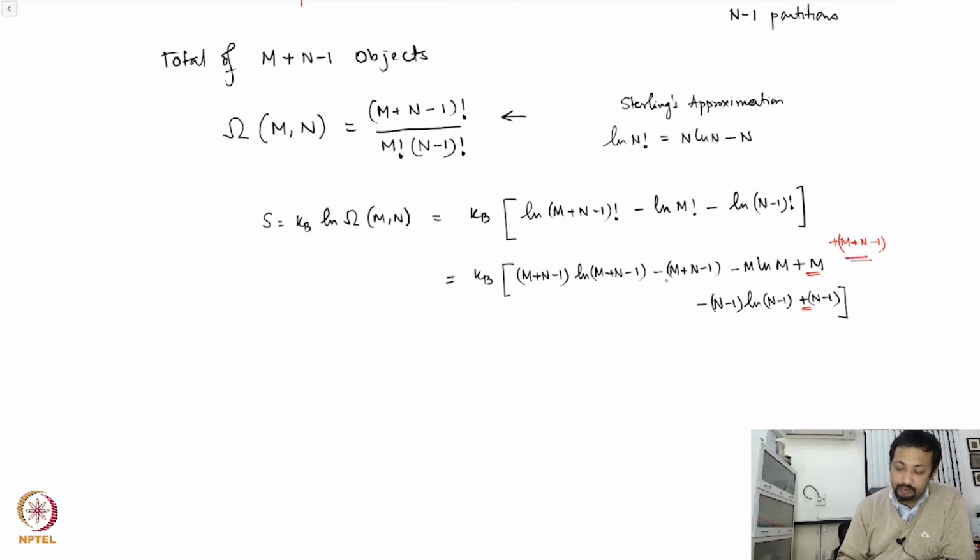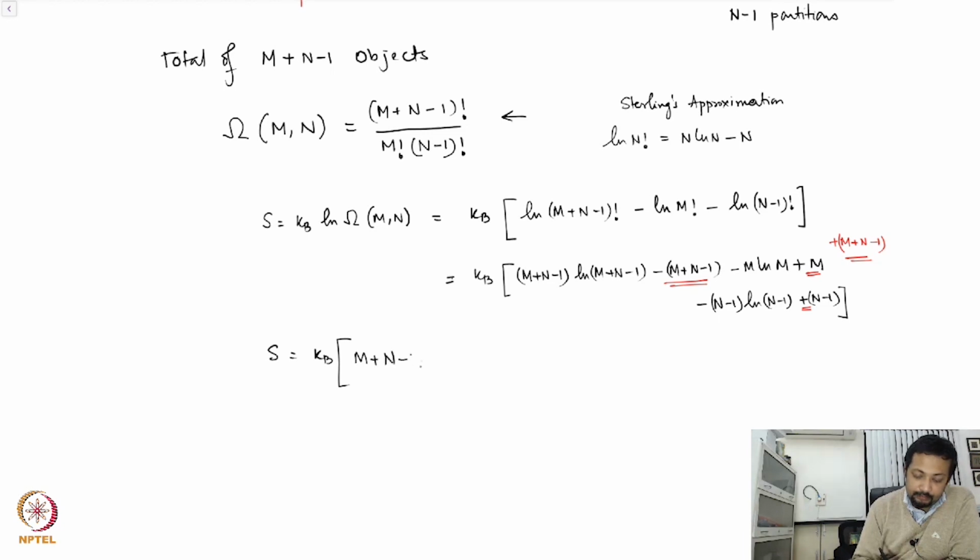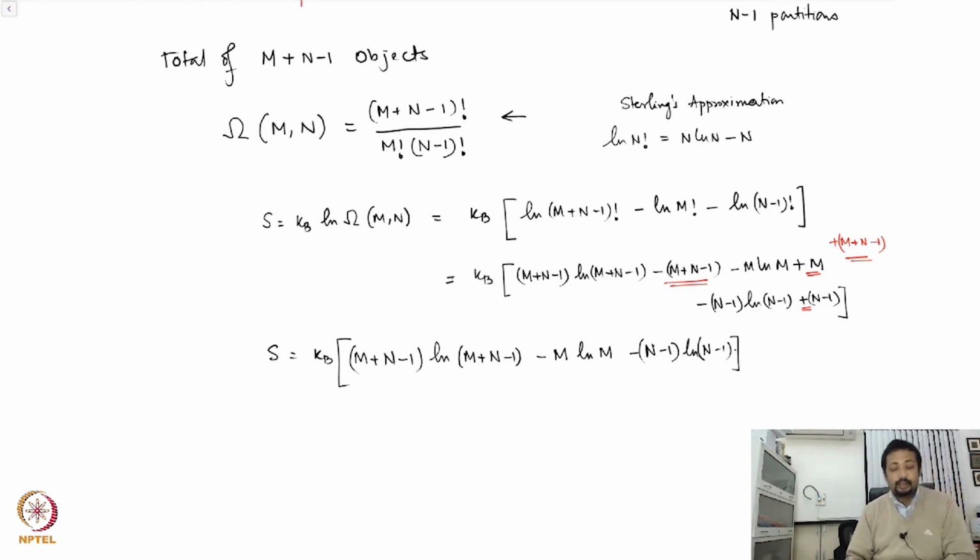So this factor now cancels with this factor, and you have S equal to Kb times (m plus n minus 1) ln (m plus n minus 1) minus m ln m minus (n minus 1) ln (n minus 1). This is the entropy of the system.